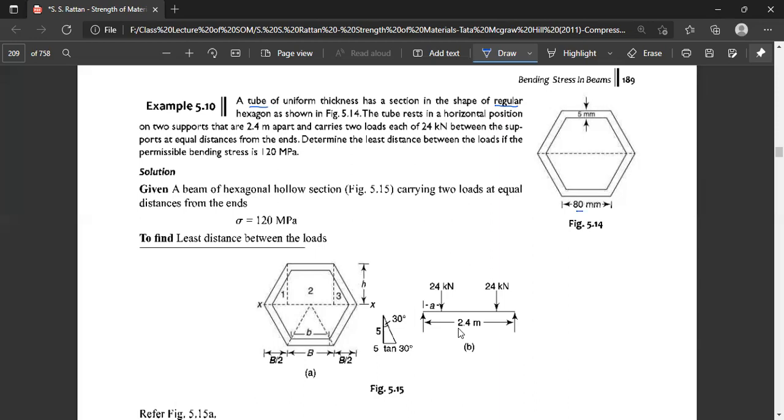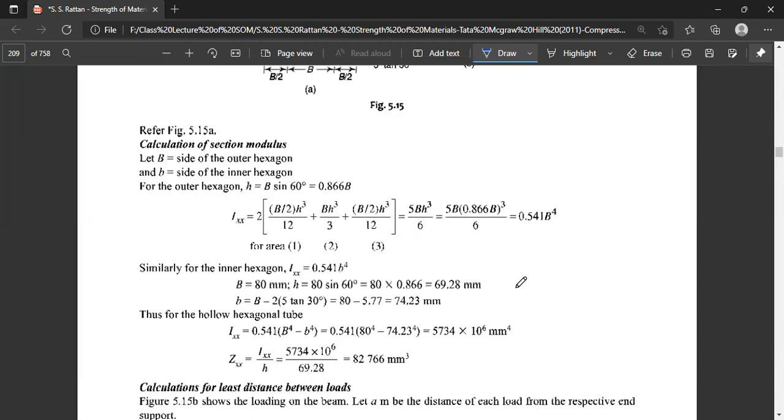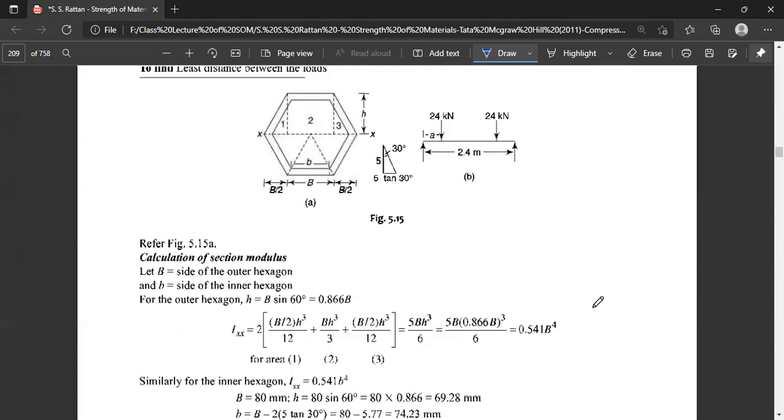In order to know that, first of all, we have to find the moment of inertia or section modulus of this beam.